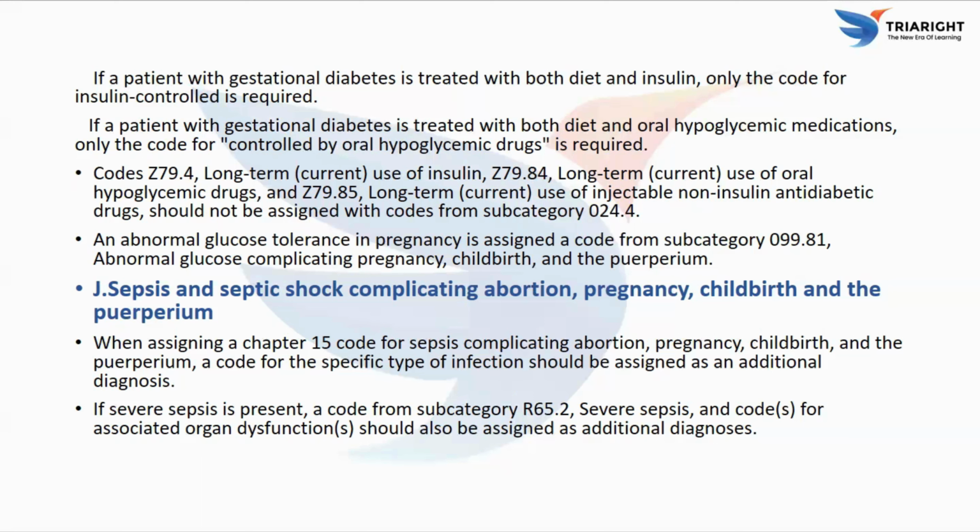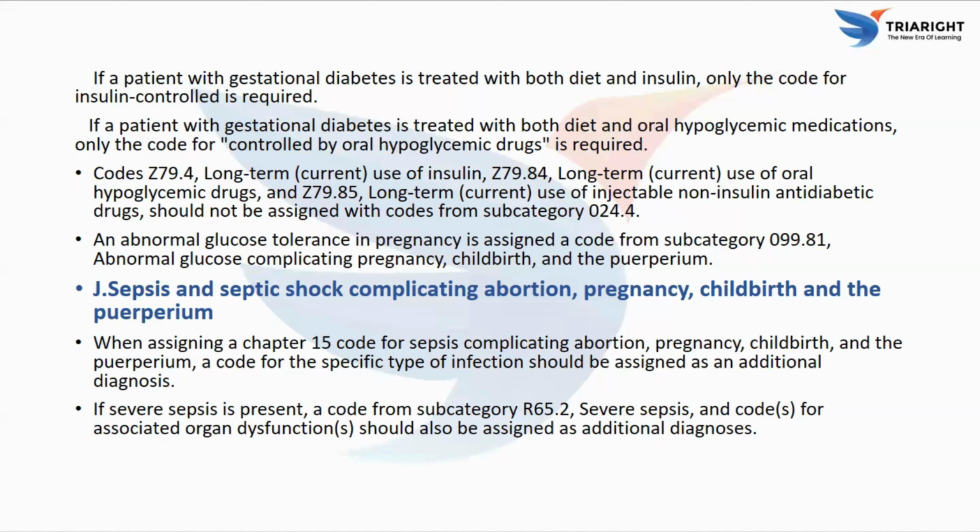So now, what is abnormal glucose tolerance in pregnancy? Not all high blood sugar in pregnancy is gestational diabetes. If the patient has abnormal glucose tolerance, that is a mild increase in the blood sugar, but gestational diabetes is not confirmed, you have to use O99.81, which is abnormal glucose complicating pregnancy.